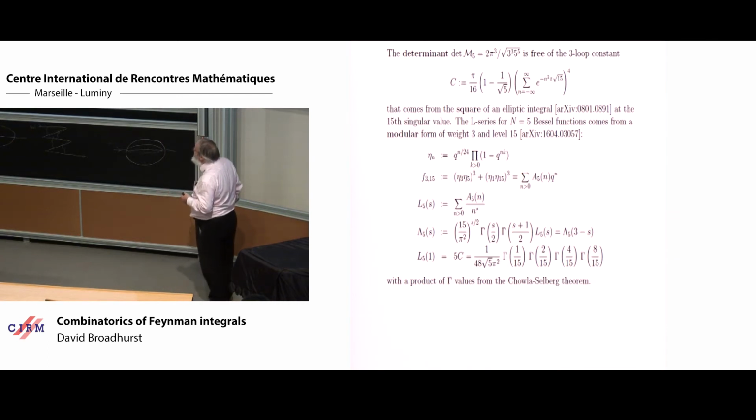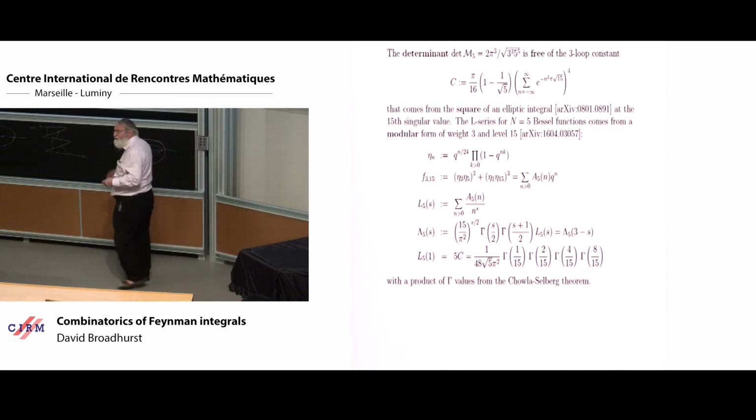Take eta of q cubed and eta of q to the 5th and cube it, and then take eta of q to the 1 times eta of q to the 15 and cube that. Well, can you see, you can count on your fingers, 3 plus 5 is equal to 8, yeah? 8 times 3 is equal to 24. 24 kills that. So this defines a sequence of integers, the coefficients of q to the n, starting with a of 1 equal to 1.